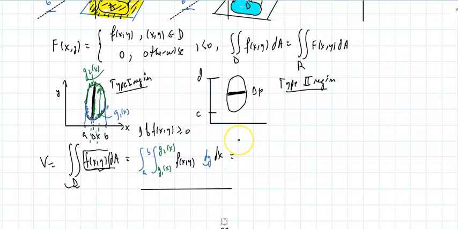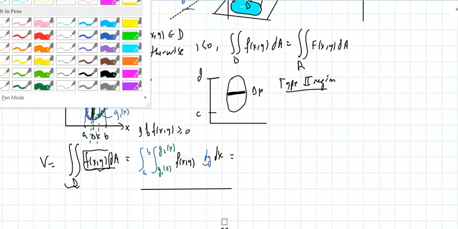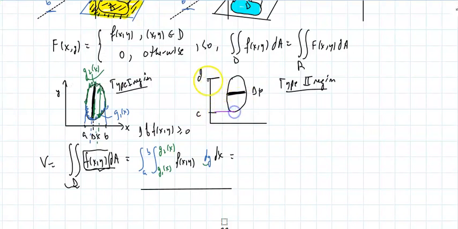Or I could say, you know what? Instead of doing that, I'm gonna switch things around. I'm gonna really run with respect to y from C to D. That means x is really gonna run, it starts right there and terminates right there. So here, I'm looking at this sideways.